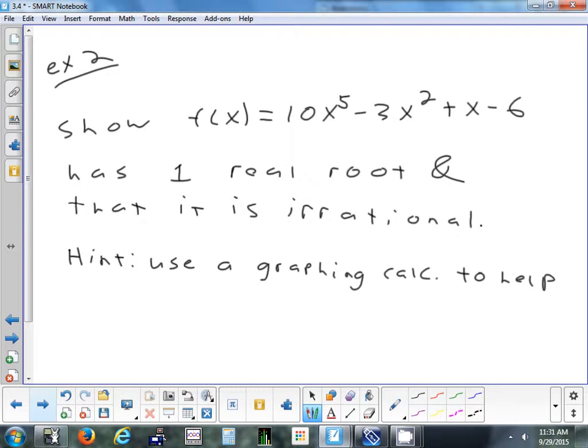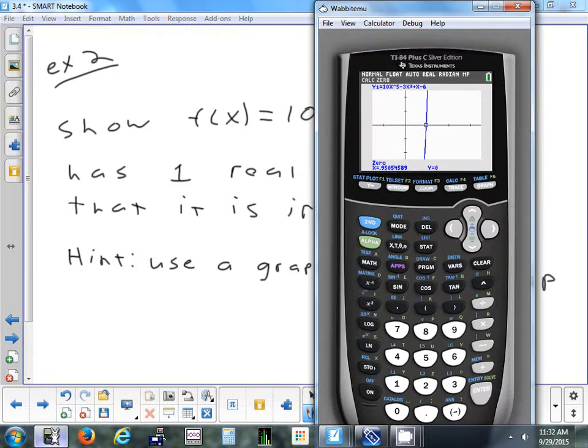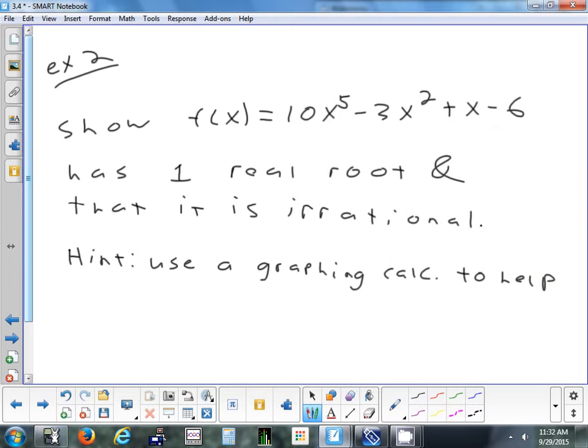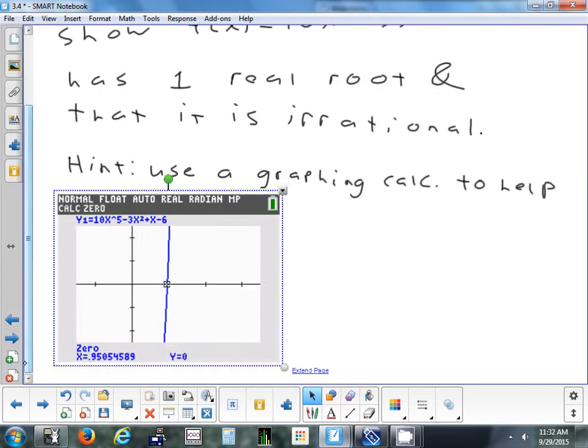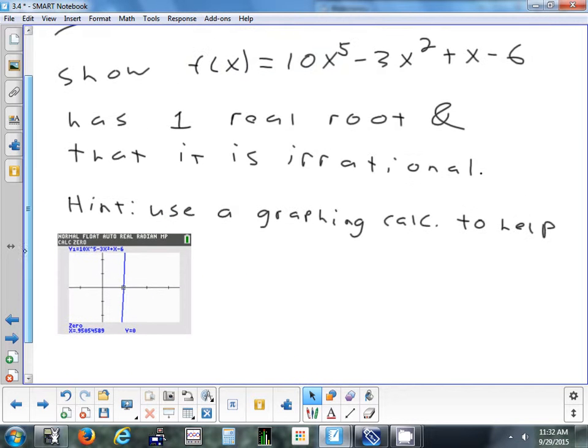All right, now same problem. I want you to prove that this only has one real root. Well, we can look at the graph. It only crosses one time. But how can you prove to me that 0.9505 is irrational? Why does 0.9505 have to be irrational? Can't make it into a fraction. Why not, though?